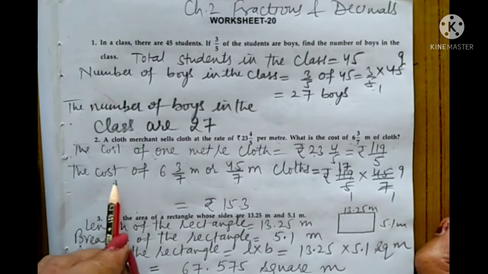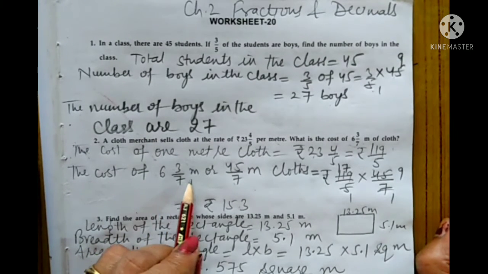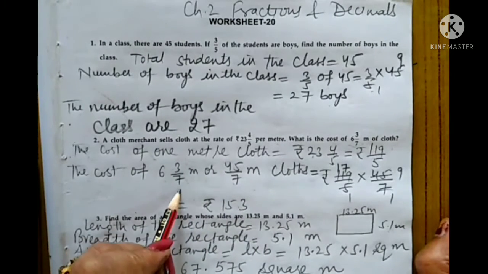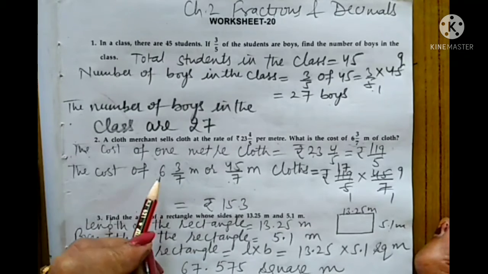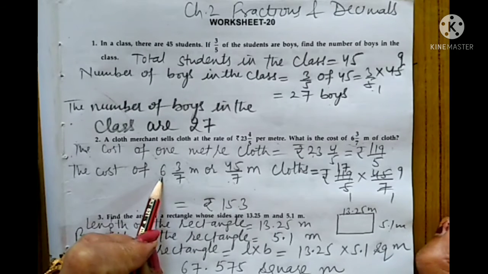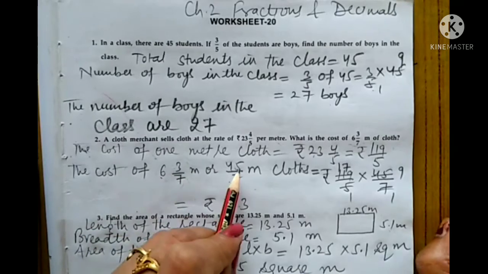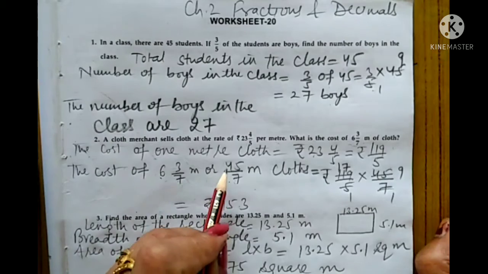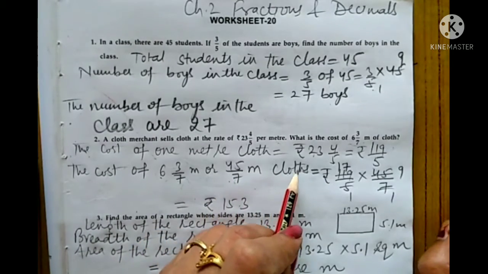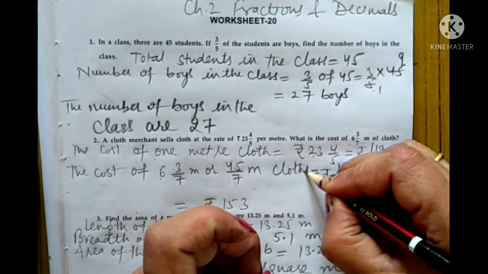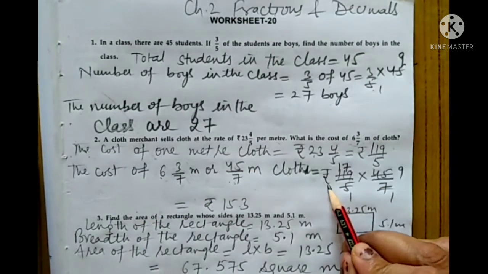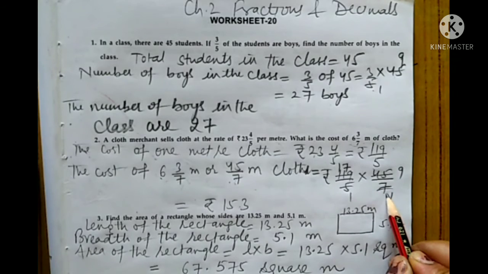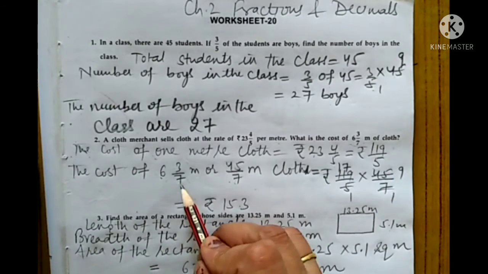So here for the cost of 6 whole 3 upon 7 meter, we have converted this mixed fraction into an improper fraction. How? 7 6s are 42, 42 plus 3 is 45 upon 7. So the cost of 45 upon 7 meter of cloth is rupees 119 upon 5 multiplied by 45 upon 7.